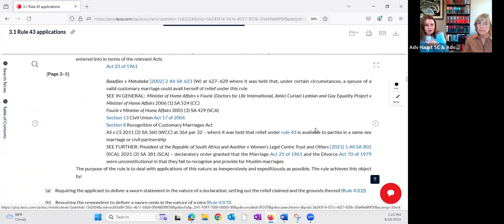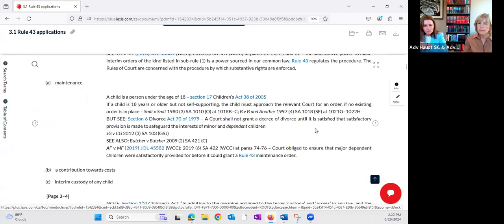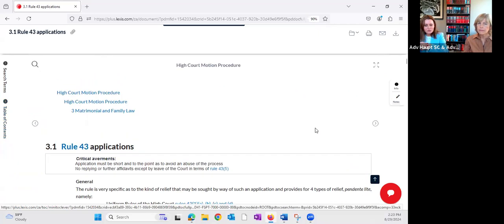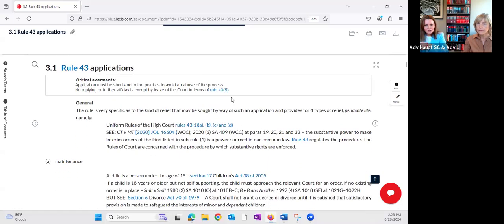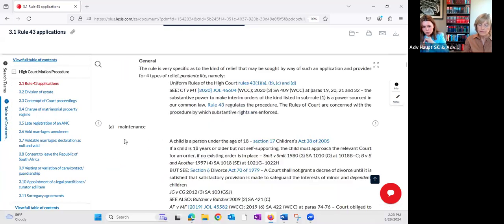So if you want to file further affidavits in terms of Rule 43, you will have to make out a case in terms of 43.5, but once again, not as a right. So go to your rules, make sure that you understand the applicable rule to your application before you start.